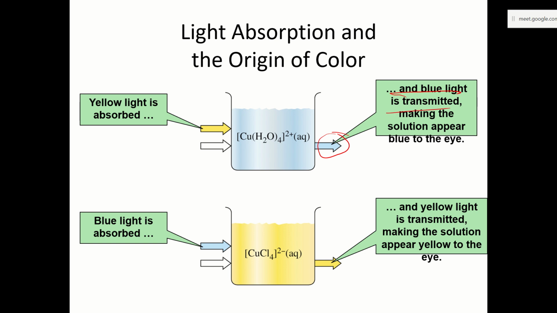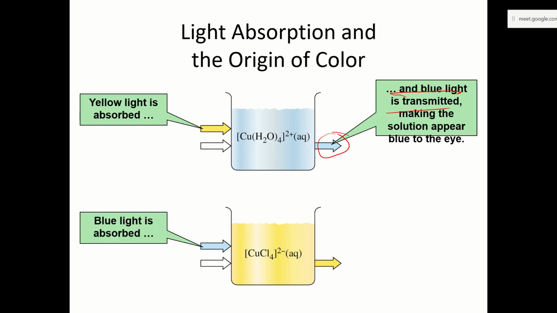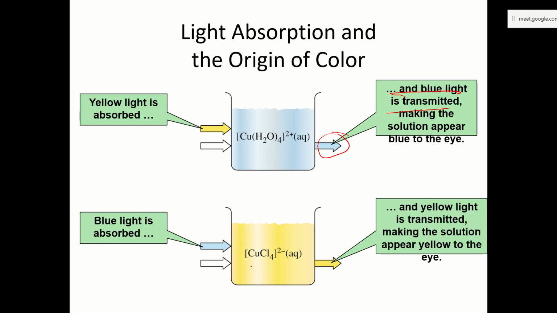Similarly, in the second case, tetrachlorocopper, CuCl4, the blue component of the white light is absorbed, so the remaining light has a dominance of yellow, and that reaches the eye and appears yellow to you. So this is the idea.